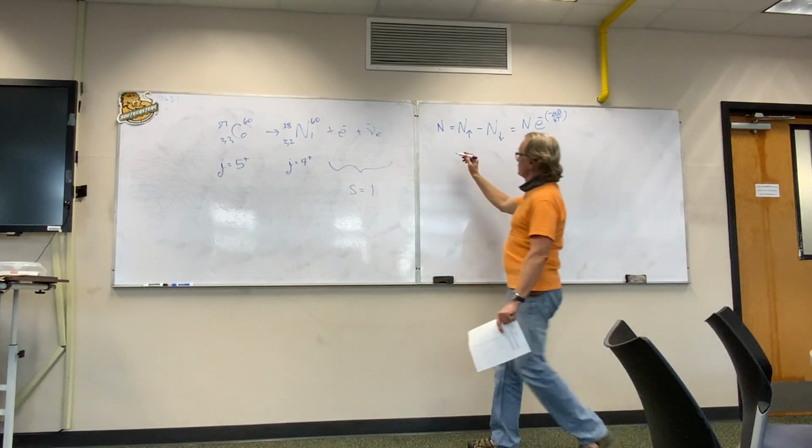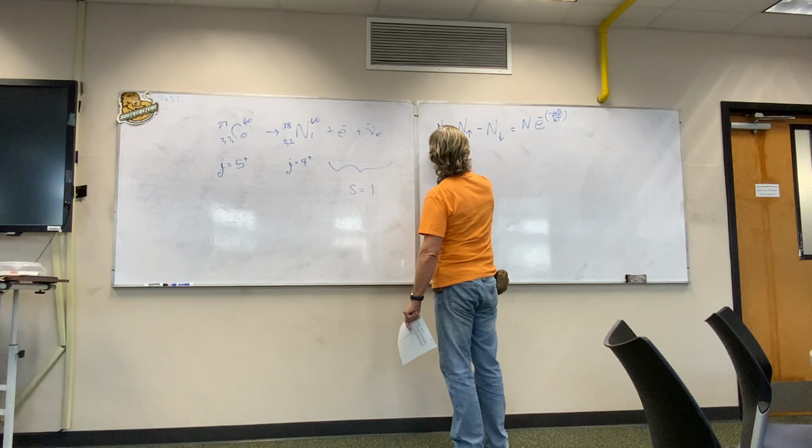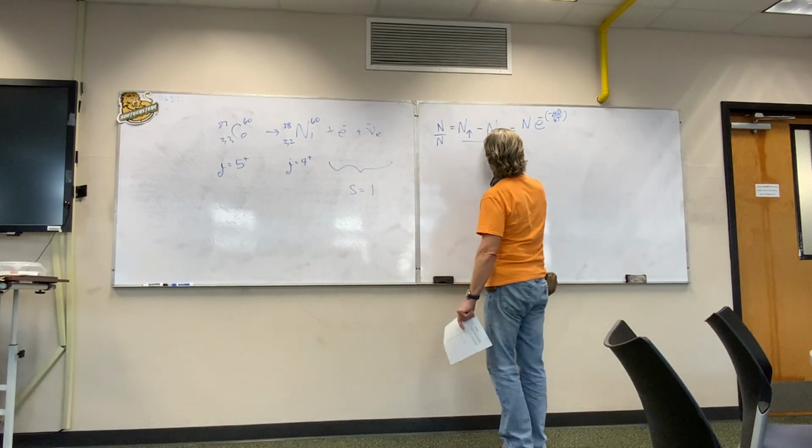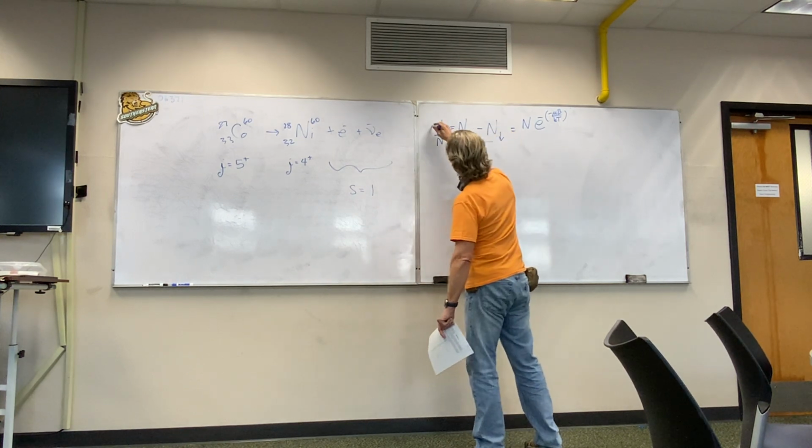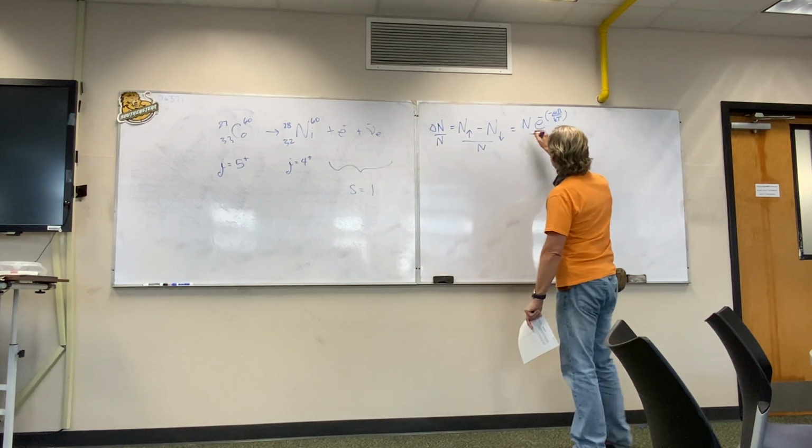And I'm also going to change this to that number divided by the total number: delta N over the total number.